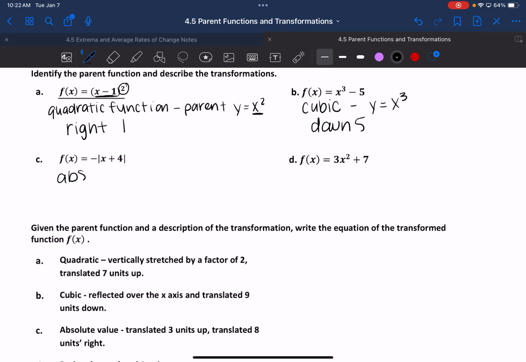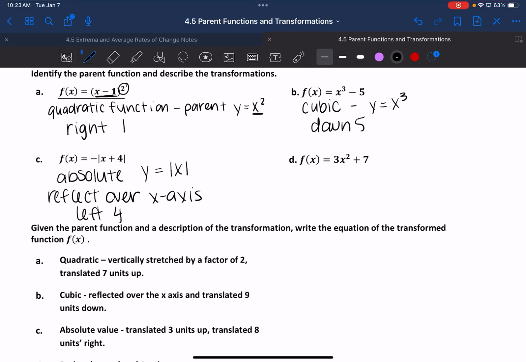Absolute, good. So this one's the absolute value parent function, which is y equals the absolute value of x. What changes did you say were made here? Very good. So two changes. Reflect over the x-axis was the first, and then he also said that this shifted left 4 units. Very good.